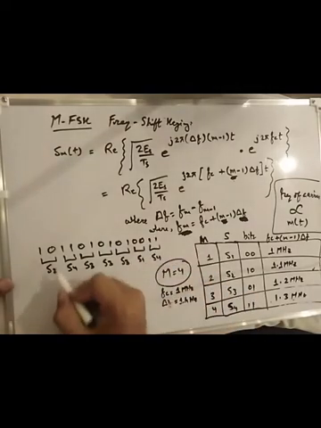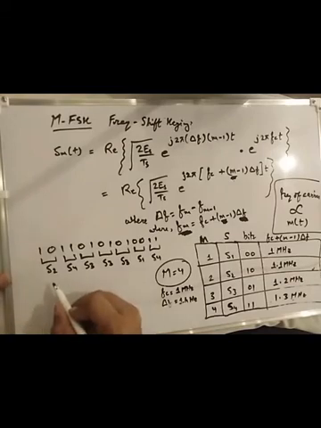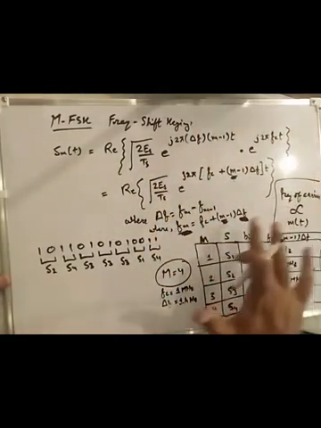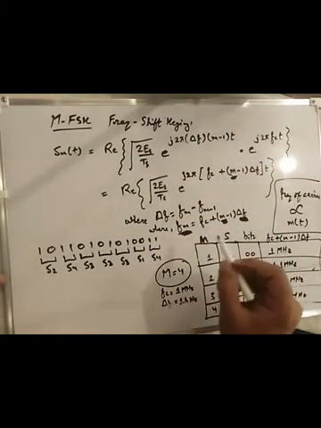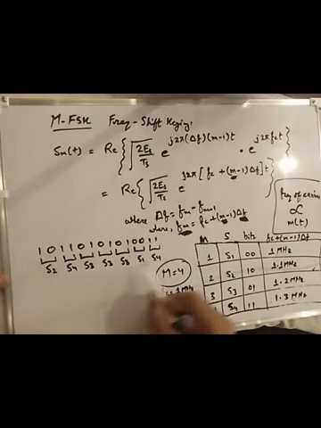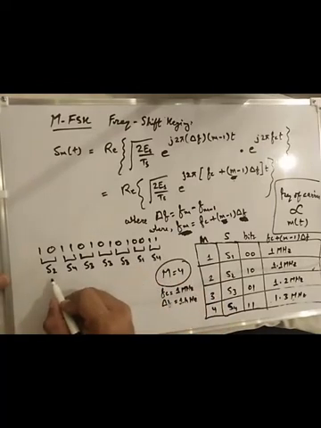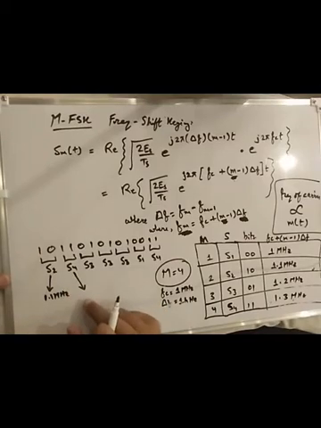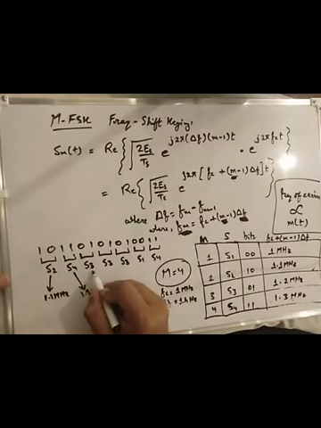So now you have done the bit to symbol mapping, and the next task is to modulate it using FSK. Given this theory, for the carriers that you would like to generate out of this data, you would like to have a 1.1 megahertz carrier for symbol S2, and whenever you are going to send symbol S4, you would choose the carrier frequency of 1.3 megahertz, and for symbol S3 you have 1.2 megahertz.